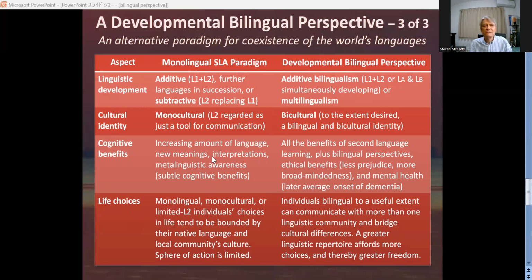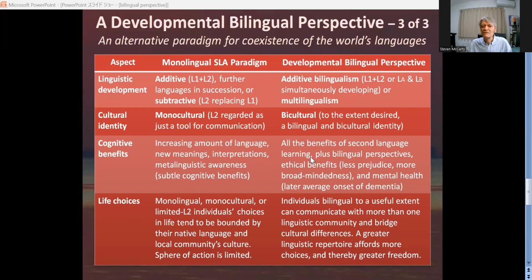And then there are cognitive benefits of regular second language education: increasing amount of language, new meanings and interpretations, and possibly metalinguistic awareness. So, subtle cognitive benefits.